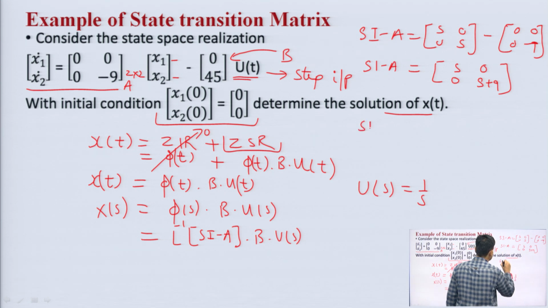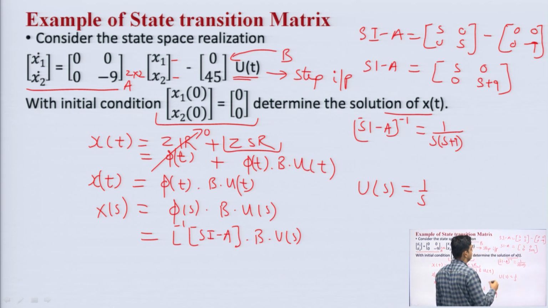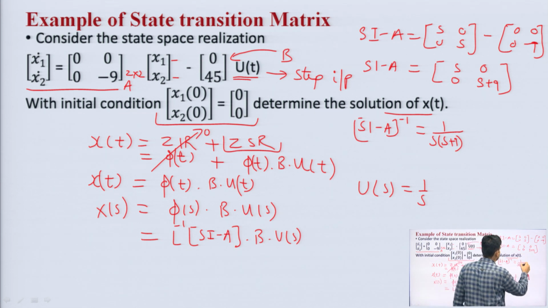For the inverse, I need to multiply with the mod of this matrix. This is the mod of the matrix: s multiplied by s plus 9. So, this would be 1 over this mod multiplied with this matrix.